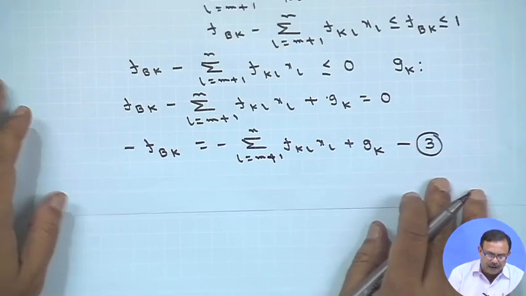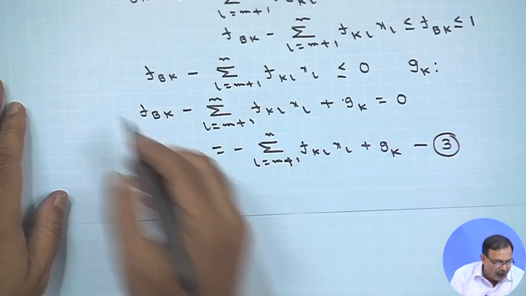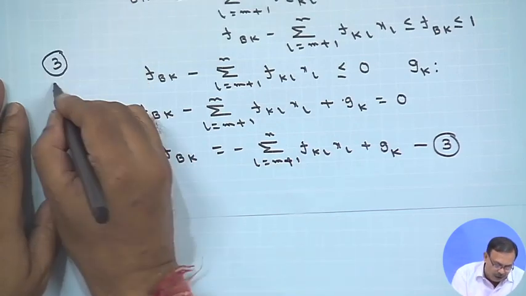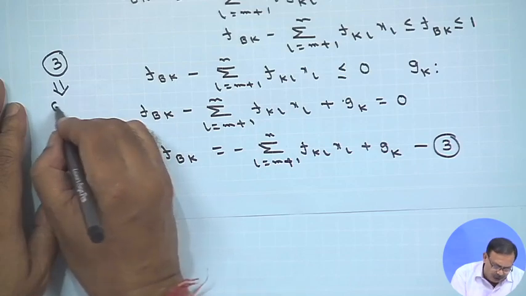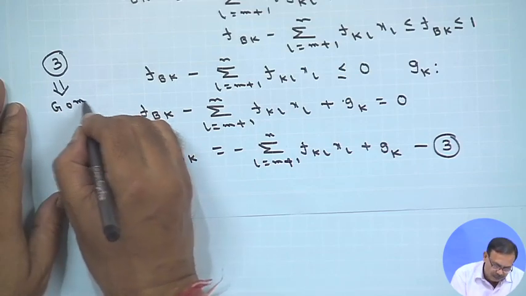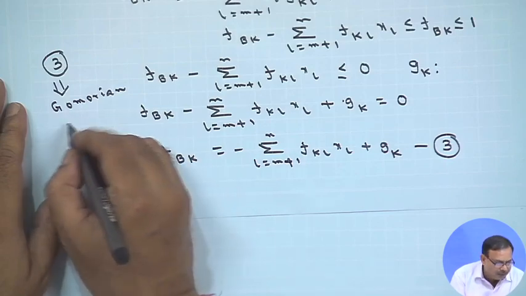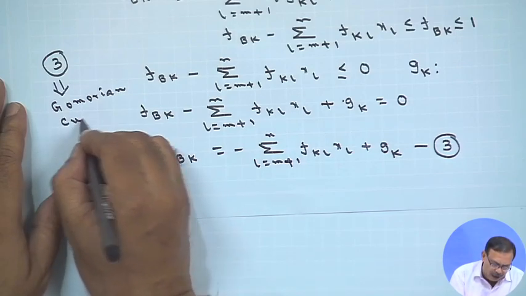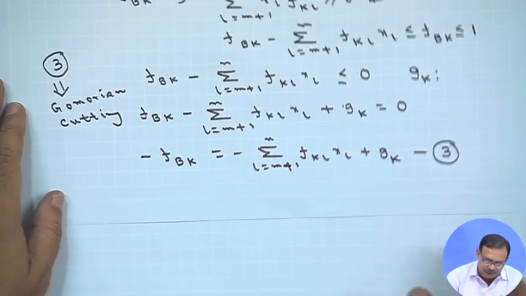This constraint, this equation 3, we call the Gomorian cutting plane, or Gomorian cut. This is known as Gomorian cutting.